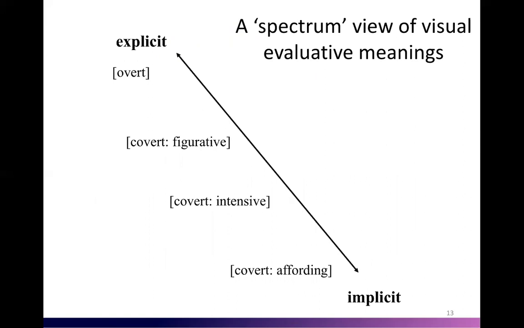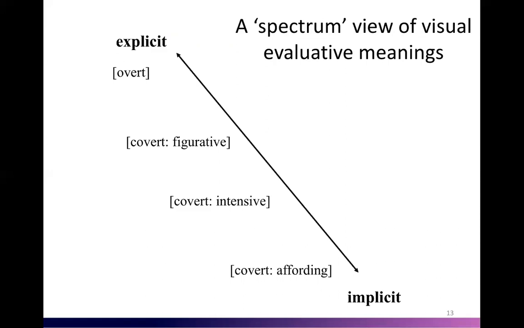In this study, I would argue that instead of foregrounding either-or distinctions by using the format of system networks, they are more appropriately proposed as a spectrum of visual meaning-making strategies.